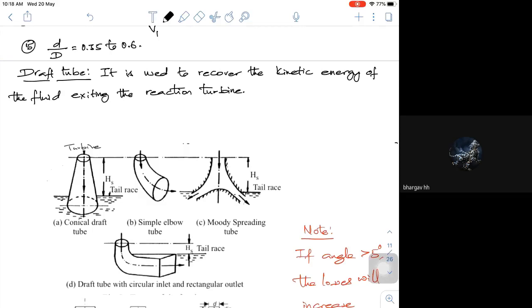And this is the first purpose: it is used to recover the kinetic energy of the fluid exiting the reaction turbine.